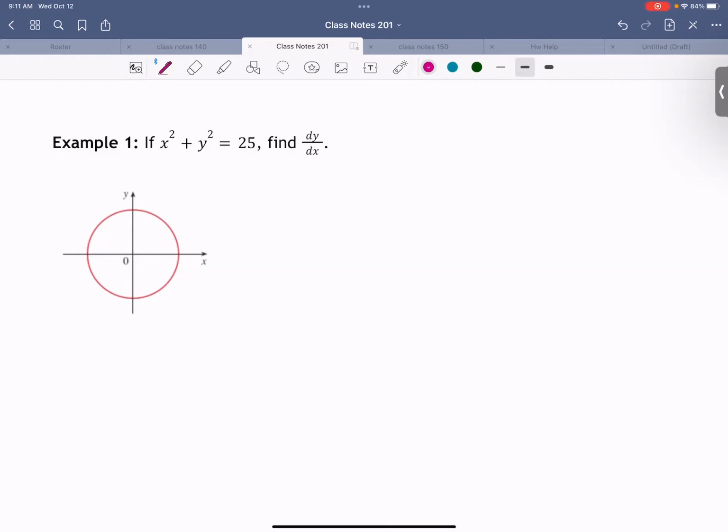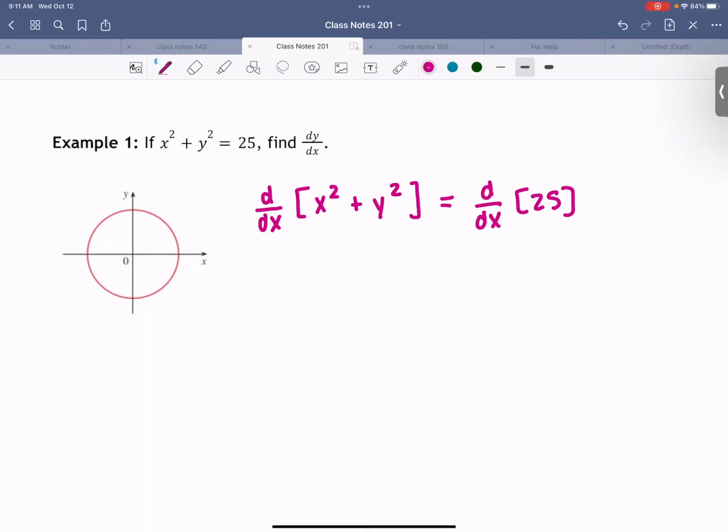So the way we're going to do this is we're going to find the derivative on the left and the derivative on the right. I'm going to find the derivative with respect to x of the whole left-hand side, and that's going to be equal to the derivative on the right.